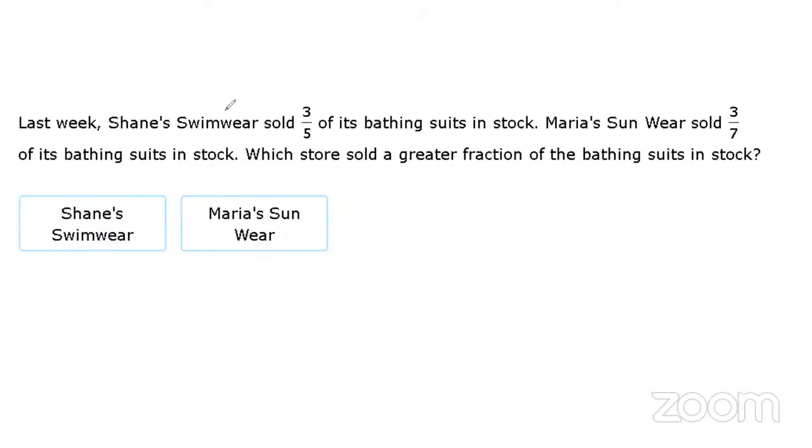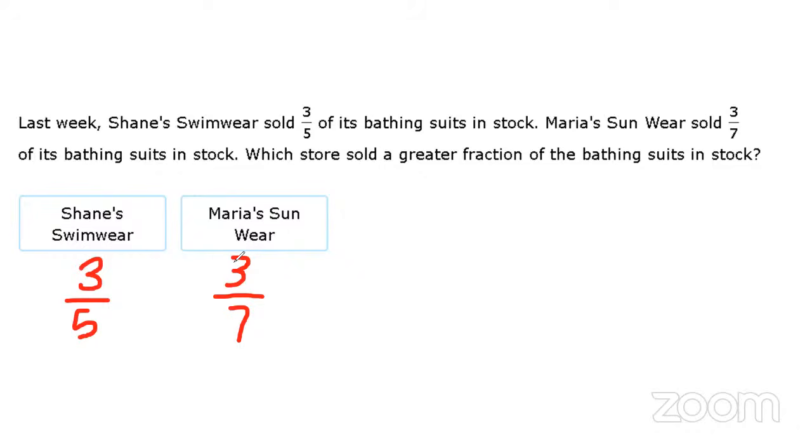So Shane's swimwear 3/5 and Maria's sunwear 3/7. Now, this should be quite simple for each of you. If you look at it, based on the different rules when comparing fractions, you should be able to figure this out.